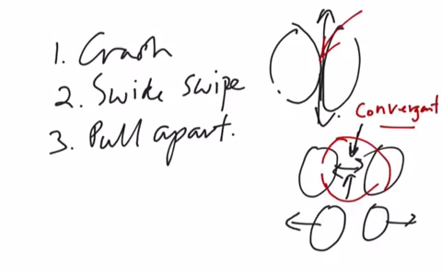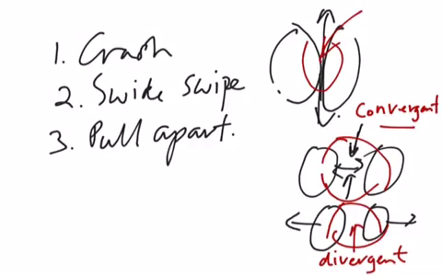Where the continental plates are pulling apart, you have a divergent boundary. Divergence means to move apart. And where the plates are sideswiping each other, as in this case, you have what are called transform boundaries.